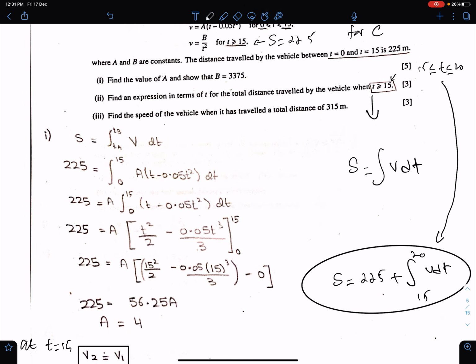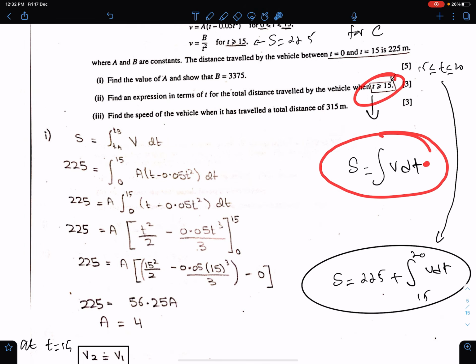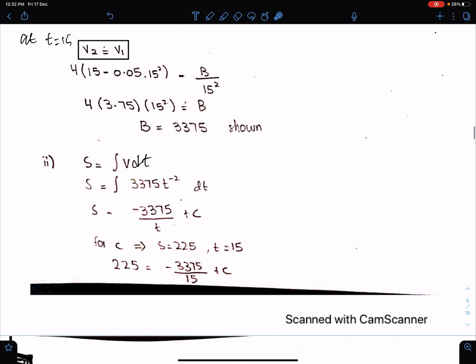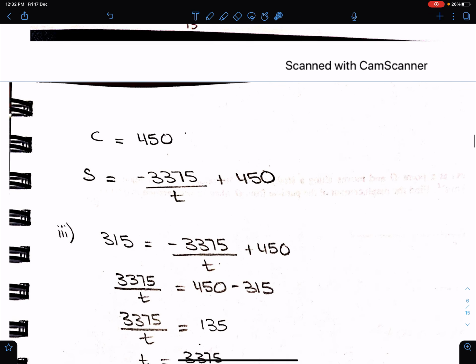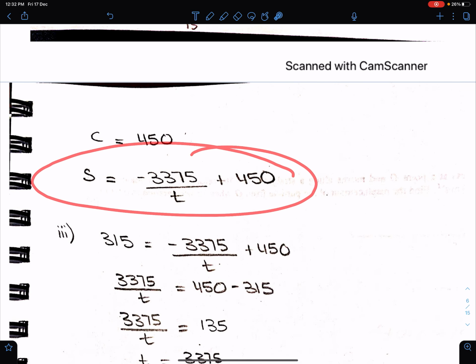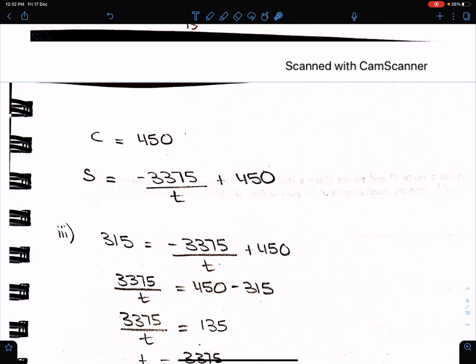But you can only use this concept when you have these types of values of t. When we don't, we cannot use definite integration. So we just use this, get the value of c and then substitute it into the equation. So this is the way to get the equation of displacement when the value of t is like this.